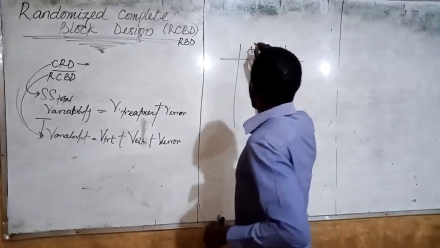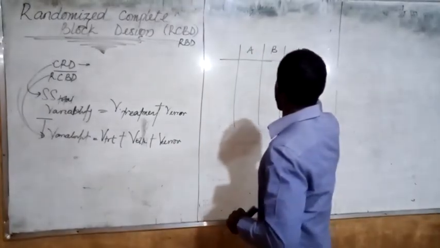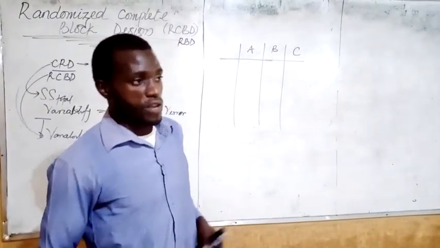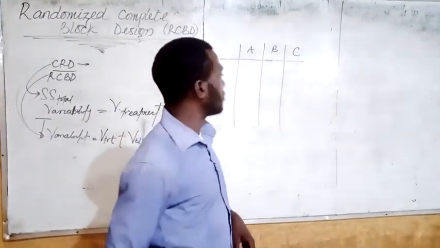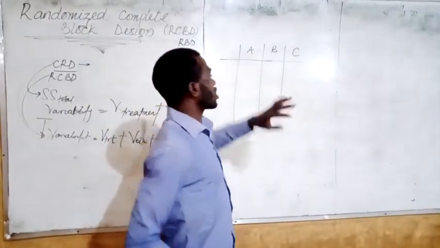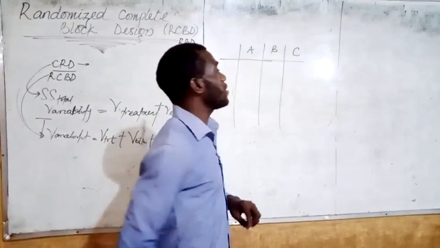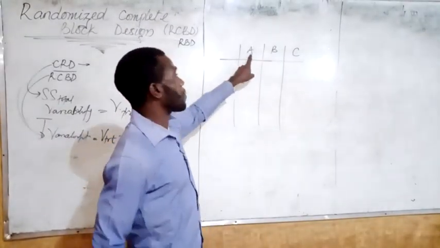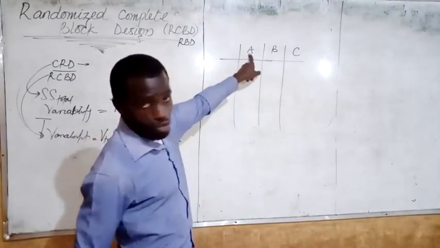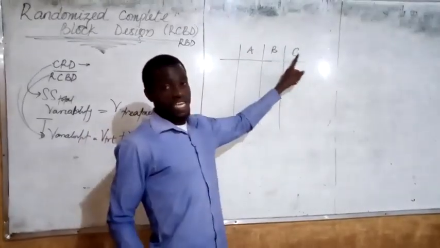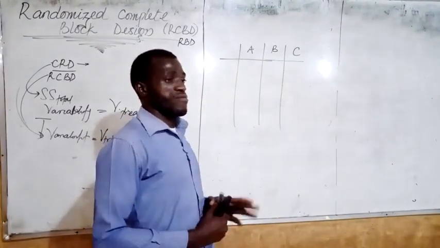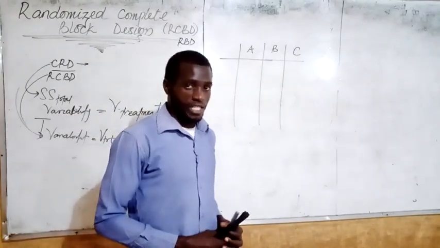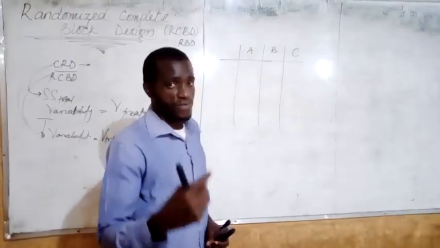For example, you are going to have treatment A, treatment B, treatment C. If I want to test for the effect of a particular feed on tilapia, I'm going to be applying the treatment only on tilapia, take note of that. And the treatment will be different, so there will be different feeds. For example, I could be testing with feed A, feed B, and feed C. So the only thing I am varying in this case is the feeds, and those are my treatments. So that is going to be the major source of variation.